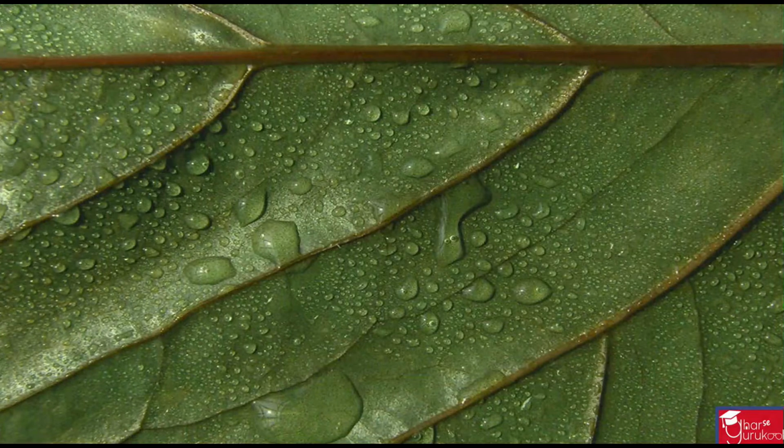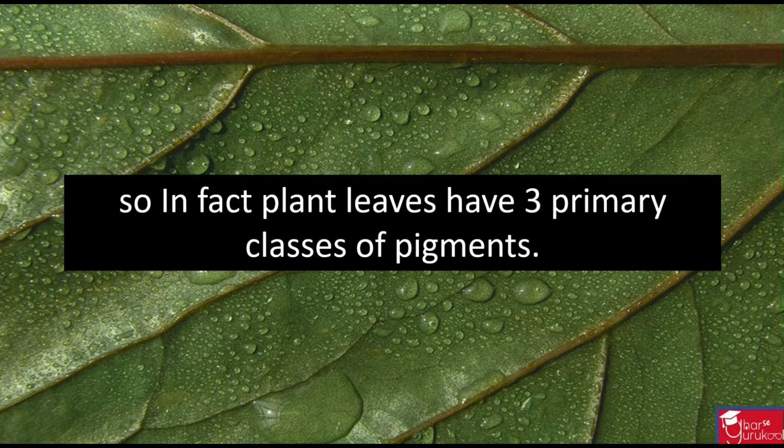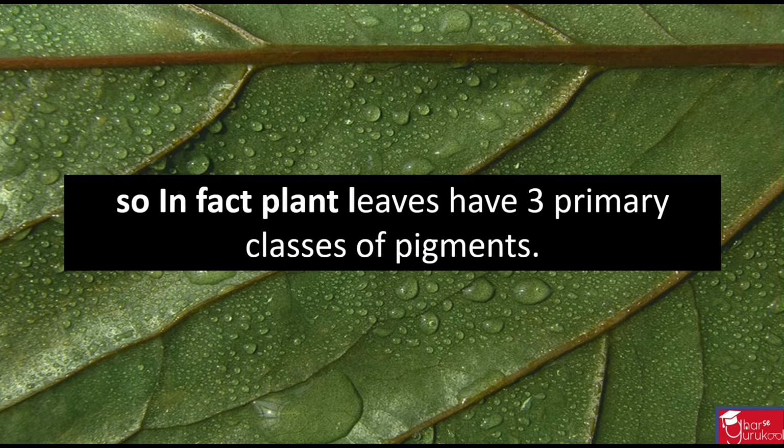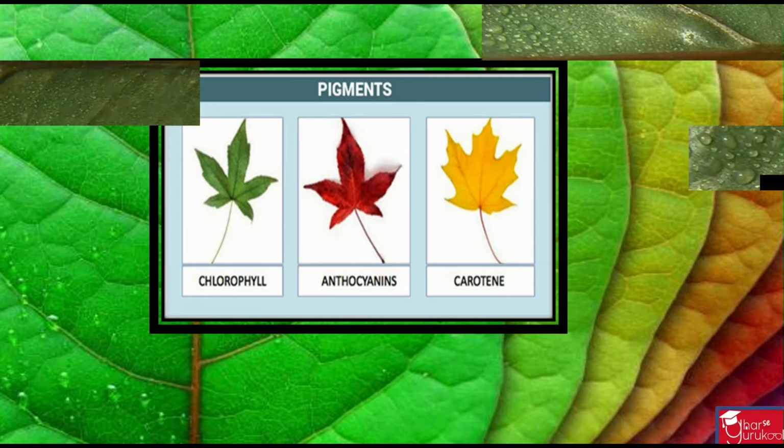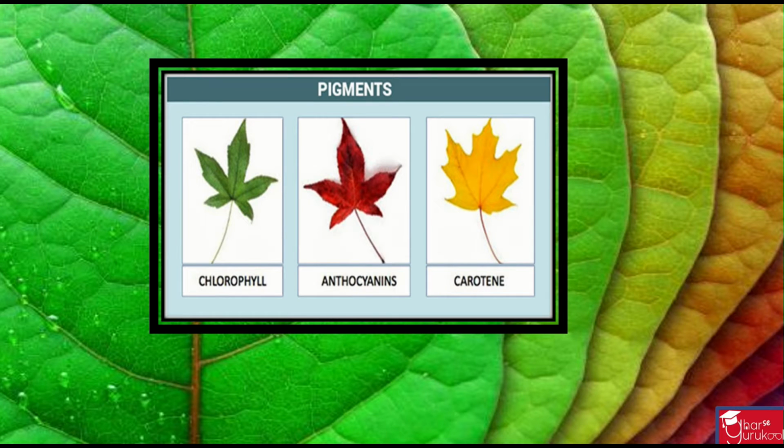So, in fact, a plant has three primary classes of pigments. Yes, and they are chlorophyll, anthocyanins and carotenoids.